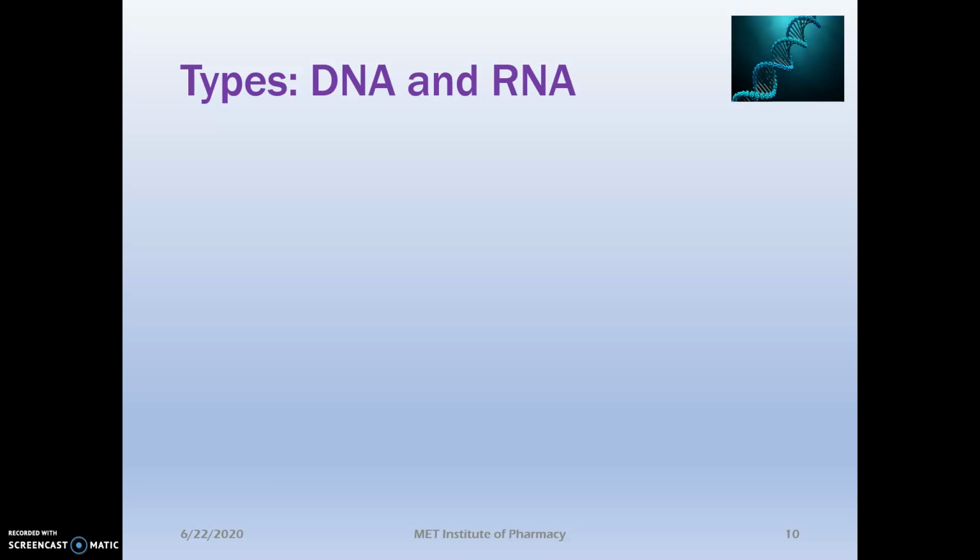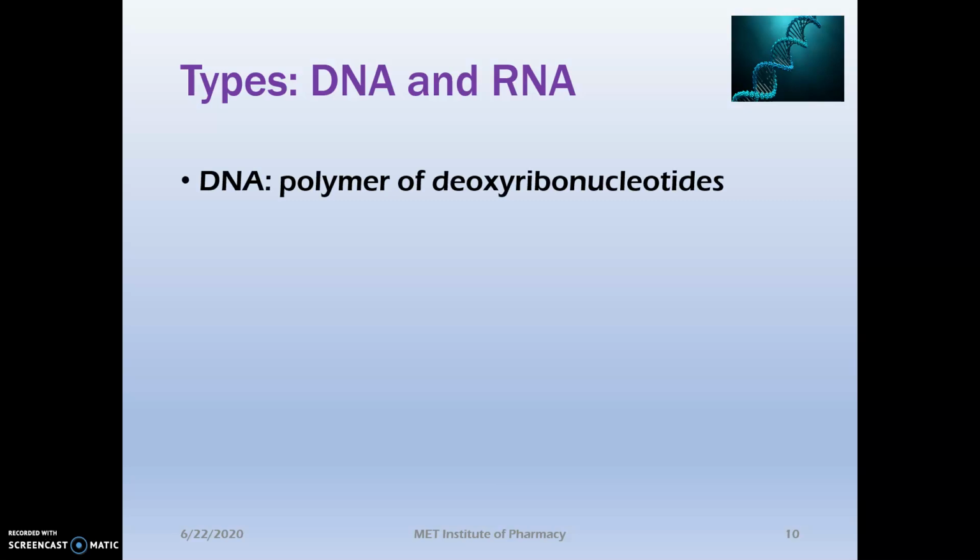Now, what are the different types of nucleic acid? As I told you before, as we saw the pentose sugar structure, there are these 2 forms of sugar, ribose and deoxyribose. This pentose sugar is the main criterion which differentiates these 2 nucleic acids, DNA and RNA.